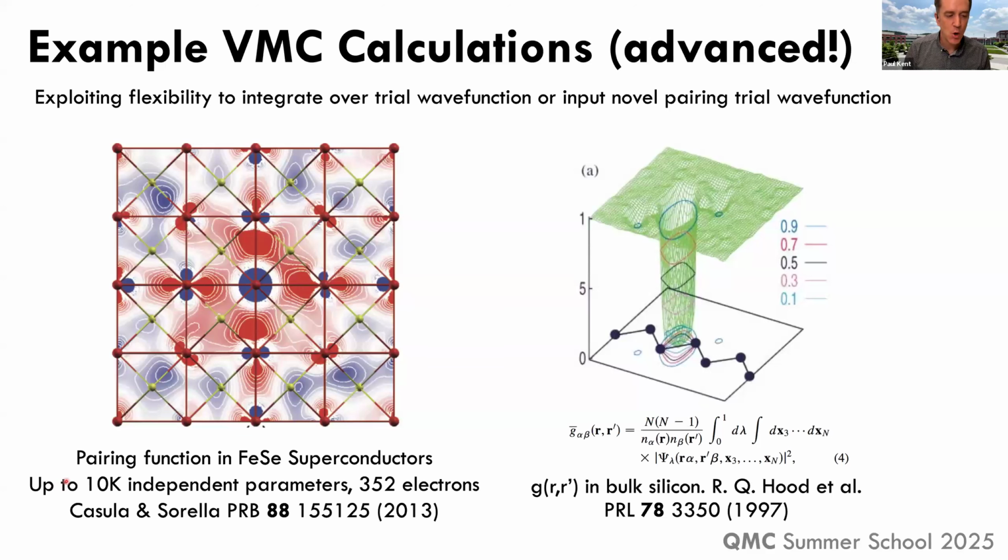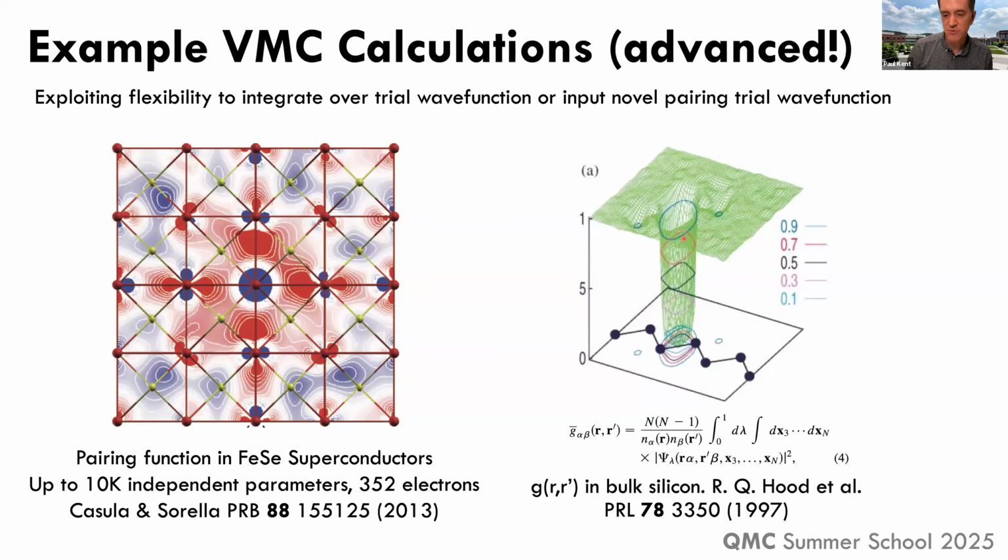What was done here was to build a very sophisticated wave function up to about 10,000 parameters or coefficients, and then go through a number of steps to analyze what the pairing would be, what the symmetry would be in this superconductor. And notice while this was a challenging calculation at the time, we're now 10 years removed. So this sort of thing is much more accessible.